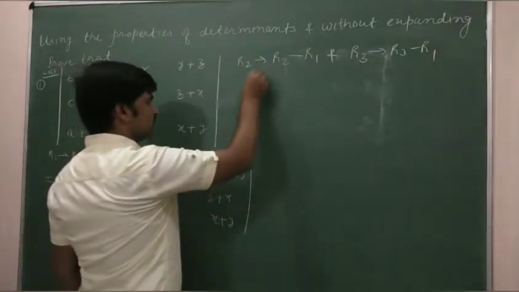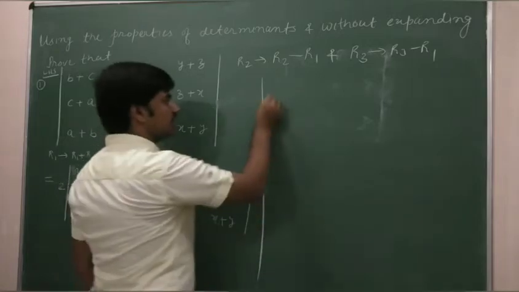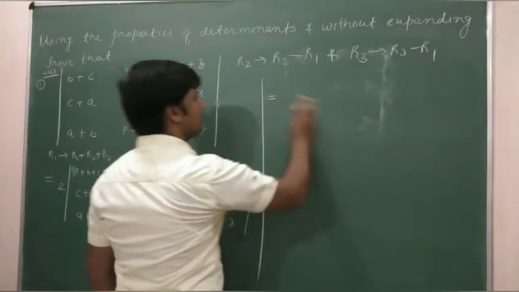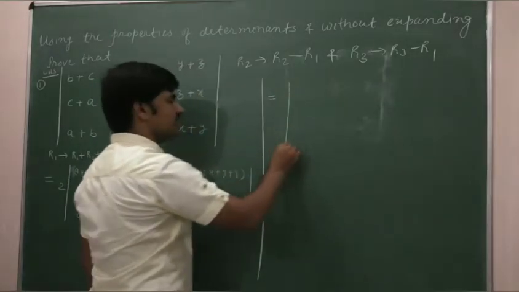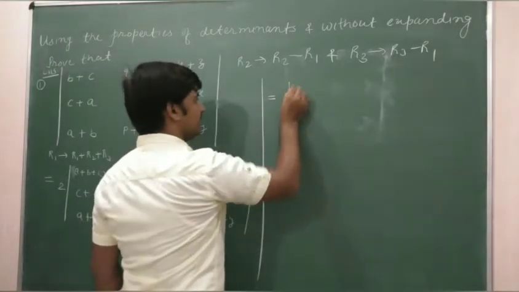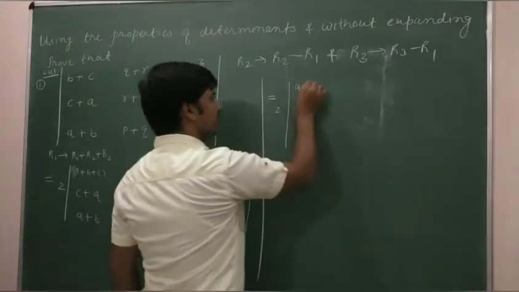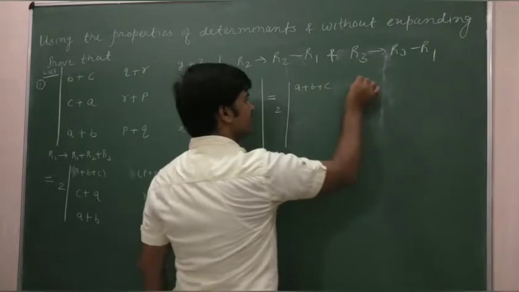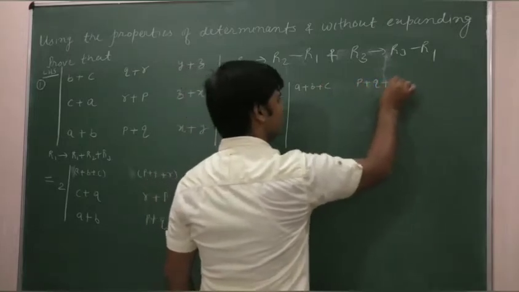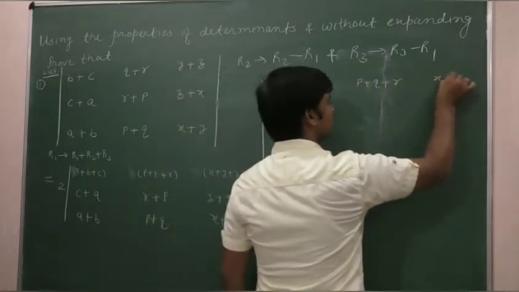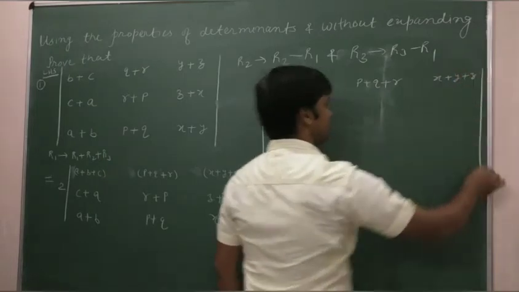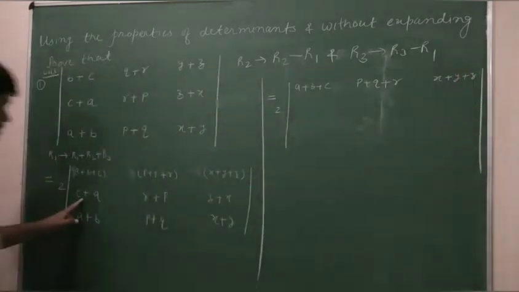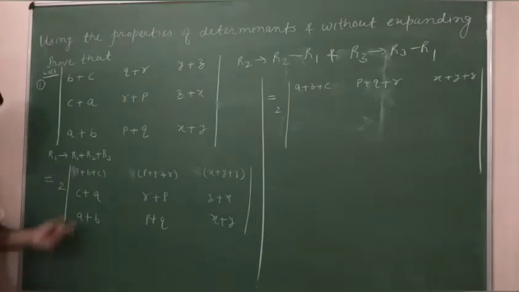So what do we get, students? Now we get, is equal to, the determinant will be, there will be no change in the first term. Here twice of, a plus b plus c, and here p plus q plus r, and this is x plus y plus z. What will be changed? R2 will be replaced by R2 minus R1. So what will be c plus a minus this?